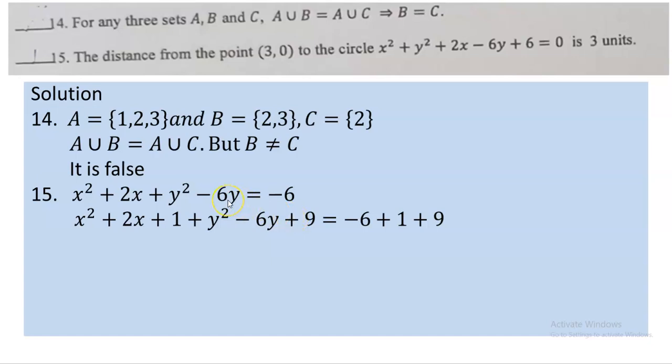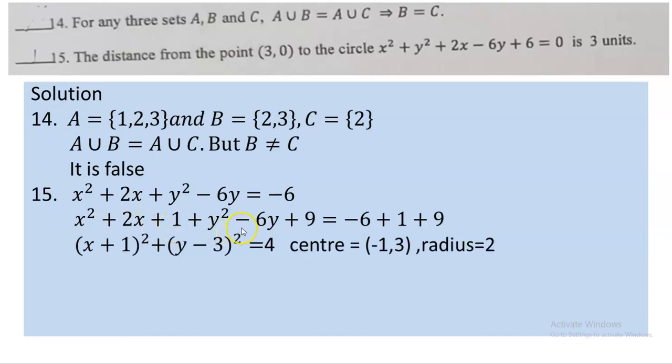Now what have been added here are 1 and 9, so you need to add 1 and 9 to the right of -6. So this makes x plus 1 the whole squared, and this makes y minus 3 the whole squared. And when you take the sum of all this, it will be 4, right?